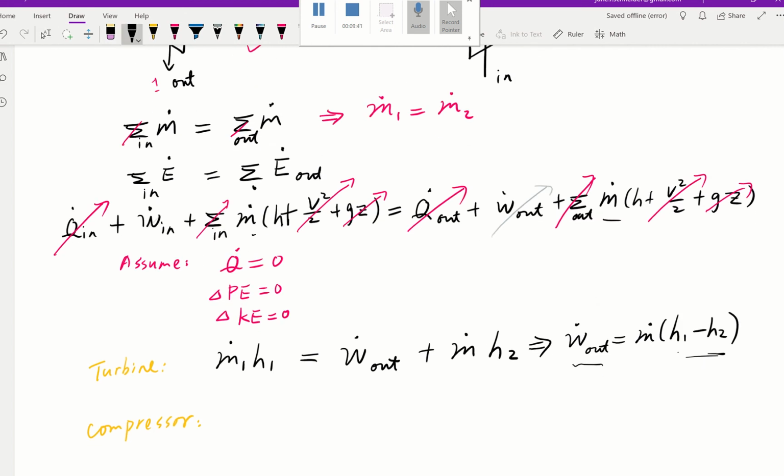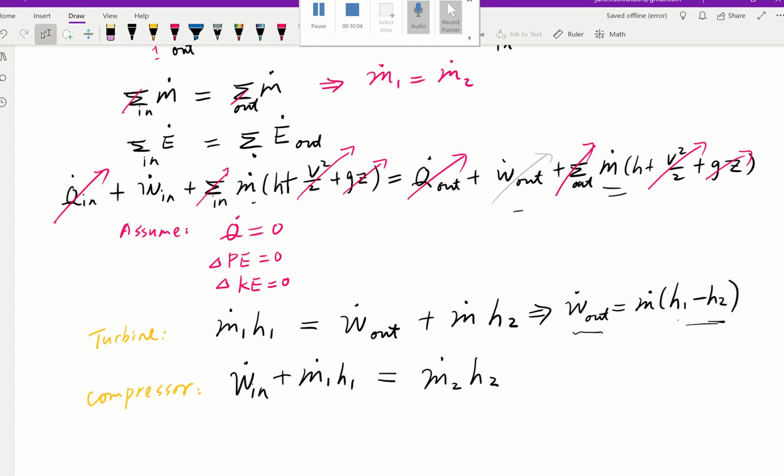So our equation will be, for the left-hand side, we need work coming in, and inlet mass flow rate times H1, the inlet enthalpy. That's the left-hand side. On the right-hand side, there's no work out for the compressor, but the only thing left is our mass flow rate coming out times the enthalpy leaving.